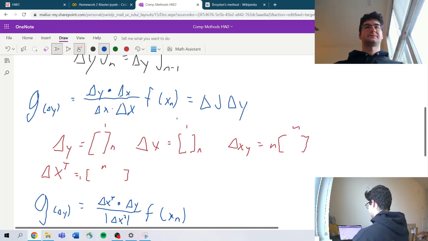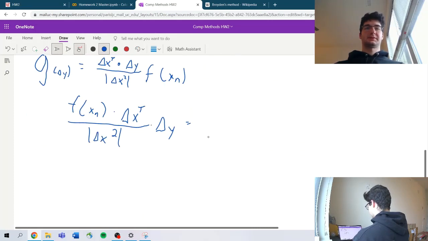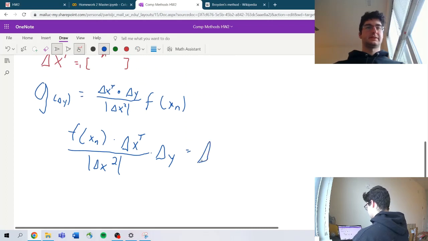If you remember, we set all this equal to this back here, so then we have this delta j times delta y.